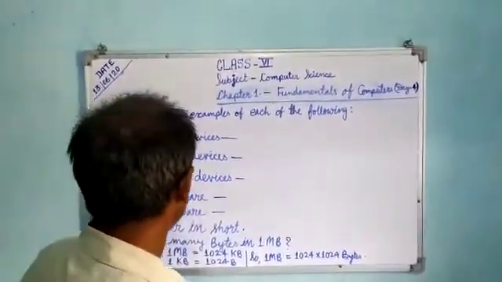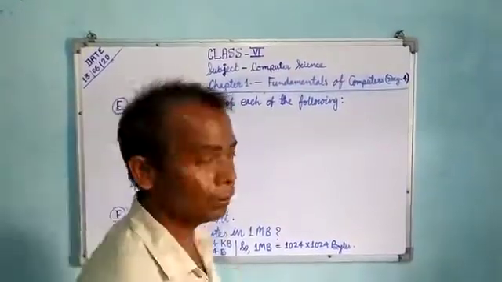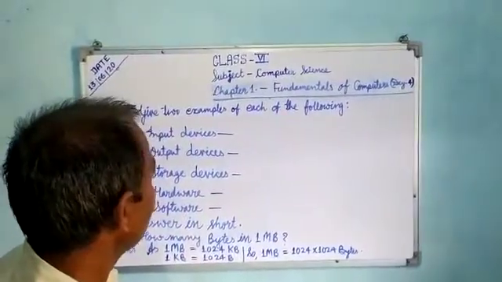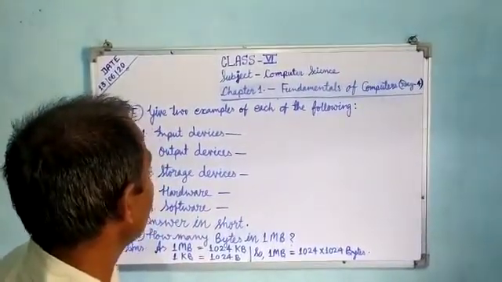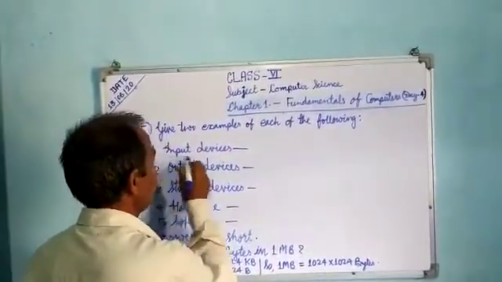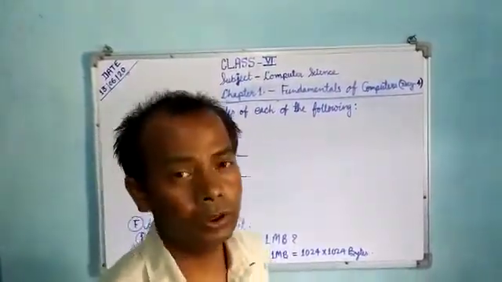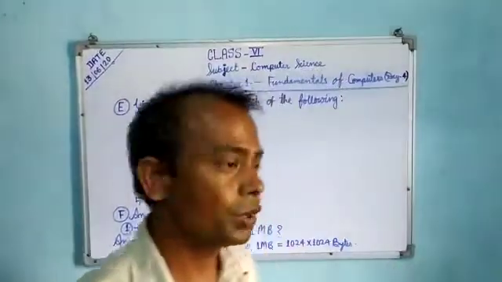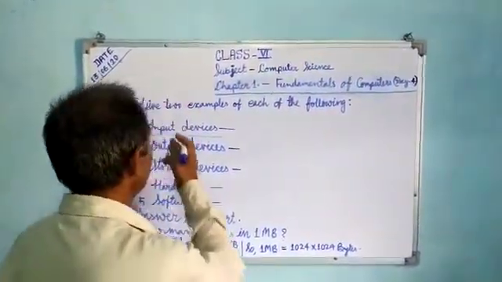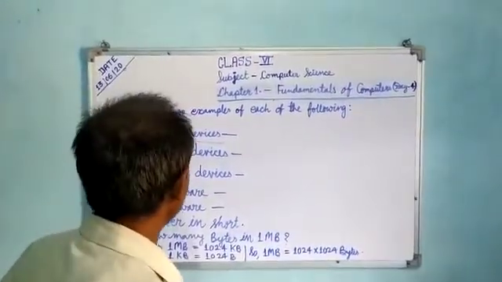Here are some input device and output device terms given, and you have to give two examples of each. So let's see the first, input device. Input devices are those devices through which we insert information into the computer.